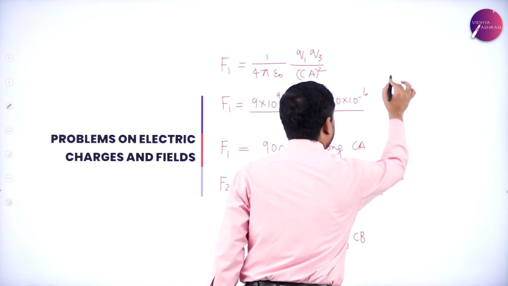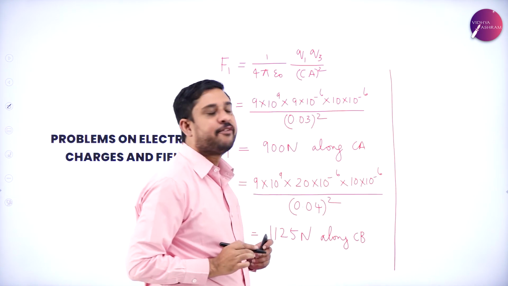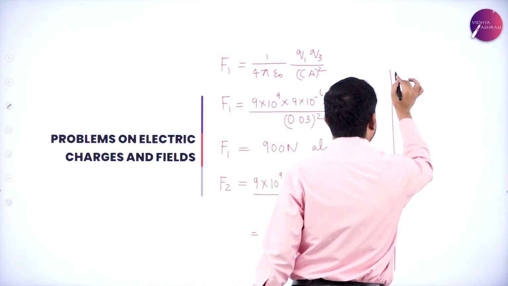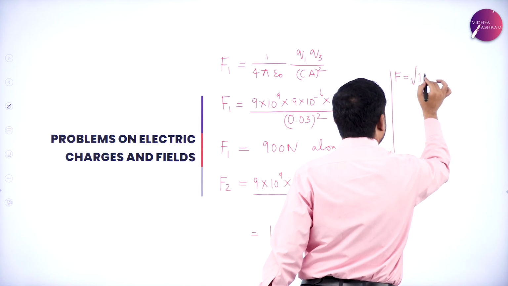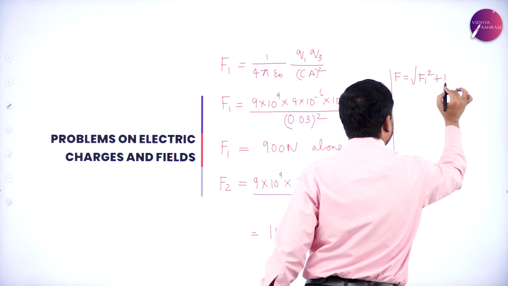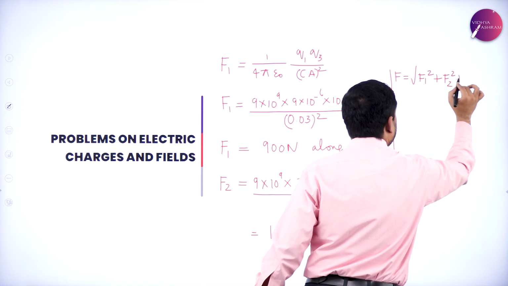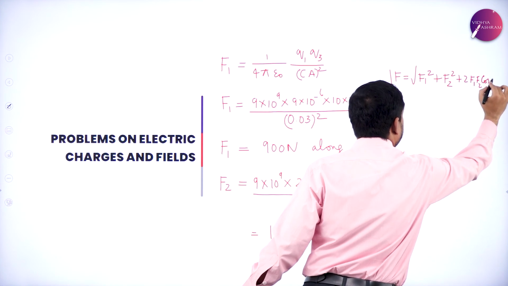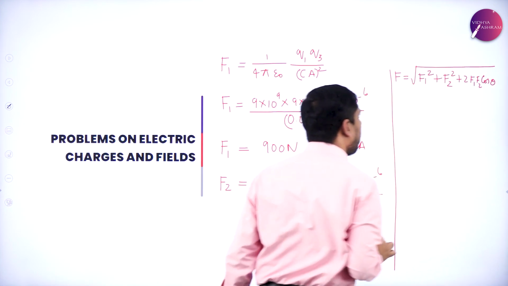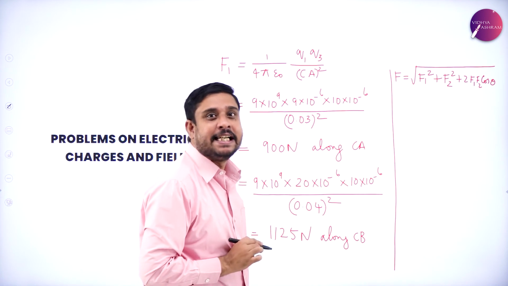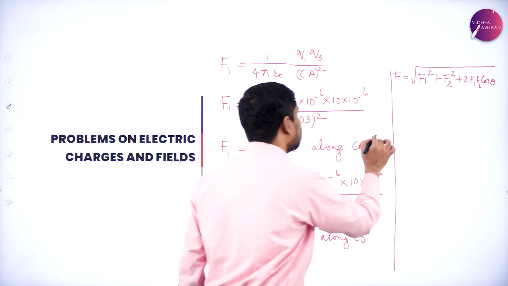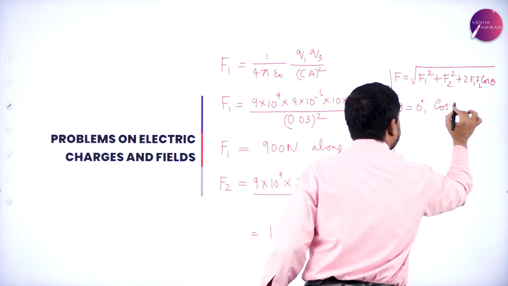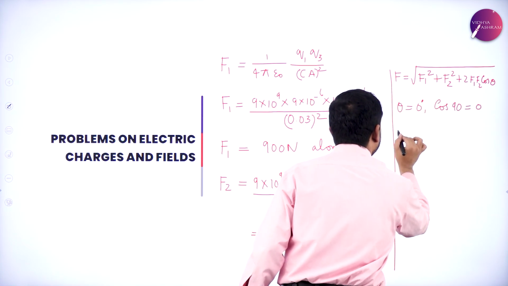Now, what is the resultant force? We have studied that. Root of F1 square plus F2 square plus 2 F1 F2 cos theta. What is theta here? 90 degrees. Which means cos 90 is 0.